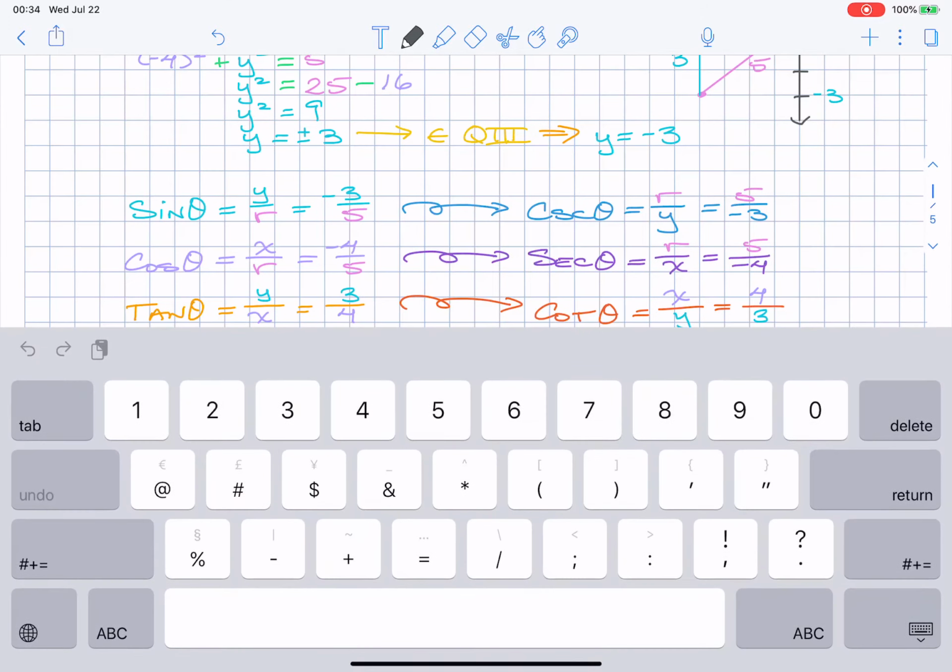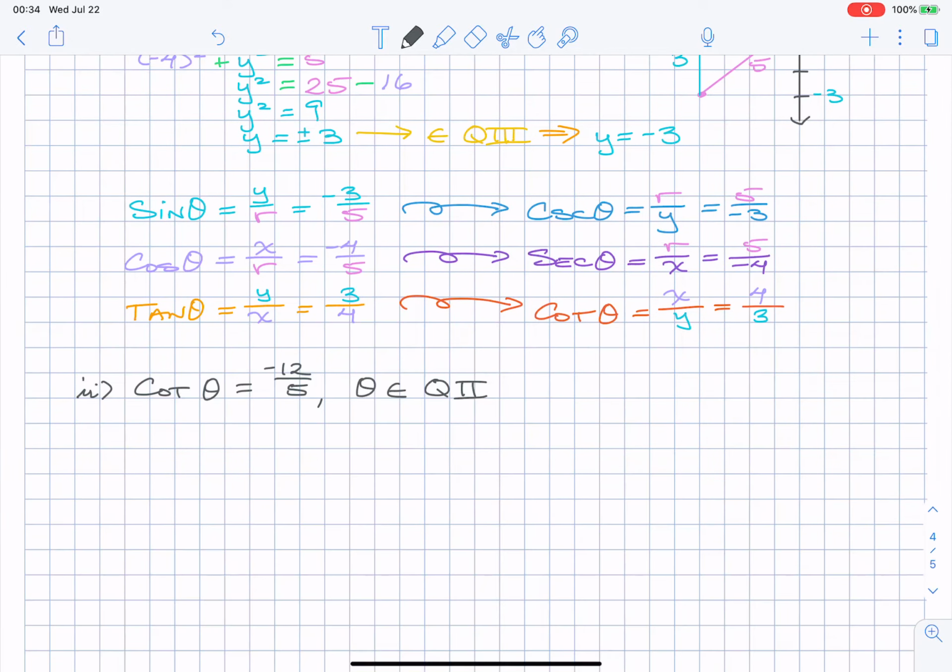Oh no, what just happened? Okay, that was weird. So I'm in quadrant 2. Oh boy, 12 over 5. Okay, maybe I'm not going to draw it just yet. I'll wait on this, and then we'll come back to this picture.